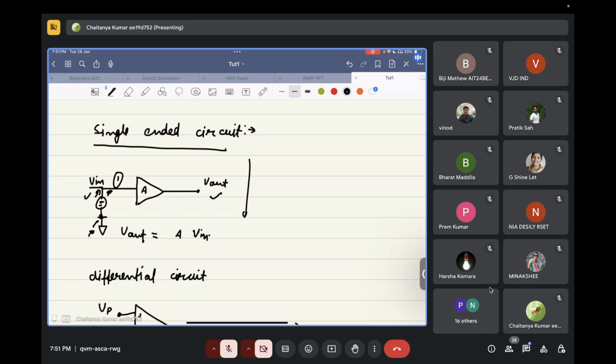Now, this ground in practice can have some noise. So, this ground can jump like this. Instead of actual 0, it can be, let's say, 0.1 or maybe minus 0.1, and its value can keep on changing. Let's say there is a huge chip that has a single ground. There can be some series resistance, some wire resistance of the ground.